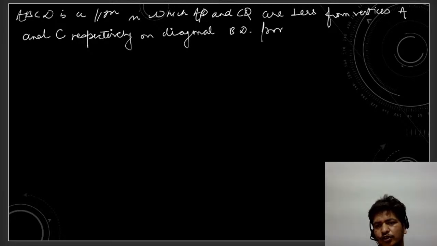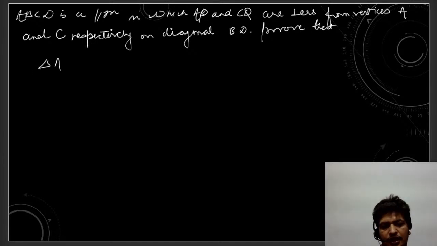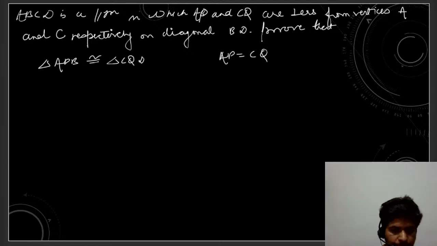We have to prove बहुत simple चीज़ यहाँ, what we have to prove that triangle APB is congruent to triangle CQD and AP that is equal to CQ. तो यहाँ पे एक quadrilateral बना ले, parallelogram बना ले.